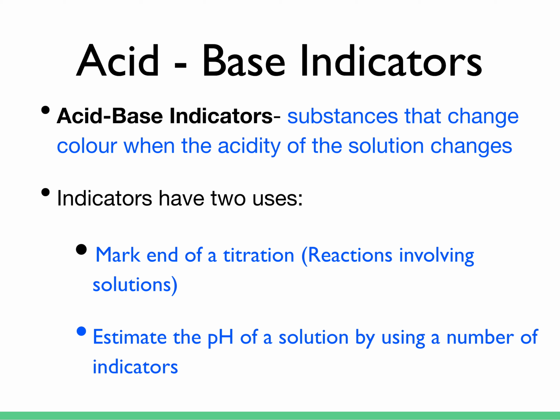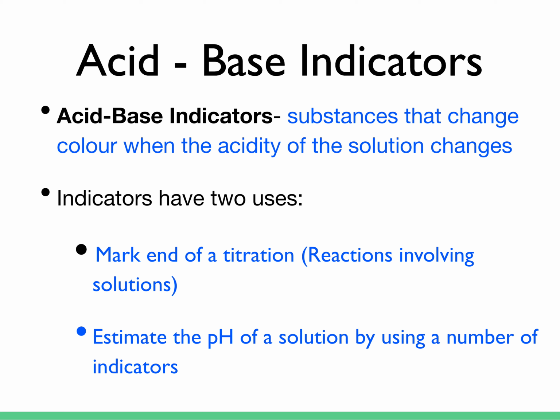You know one already. Litmus. Litmus paper is a commonly used substance that turns red in the presence of an acid and blue in the presence of a base. However, litmus paper is made out of a chemical that's actually called litmus, and litmus is an acid-base indicator.